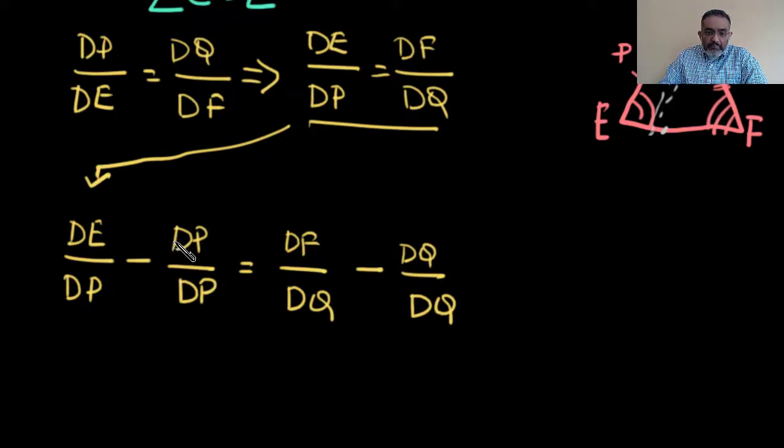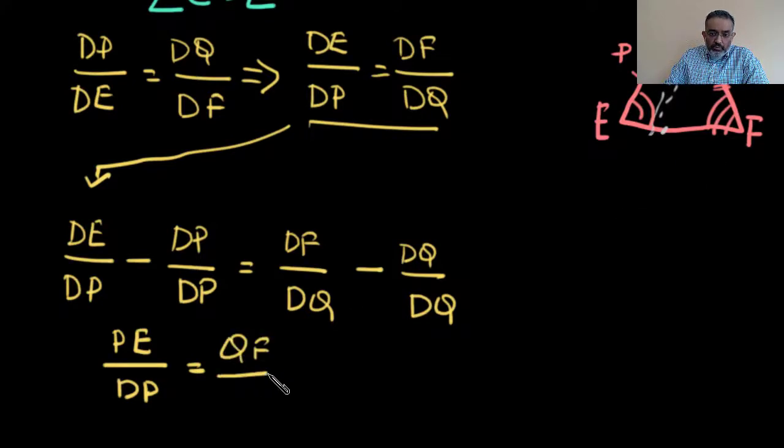Now DE minus DP, what is that? DE minus DP is PE, right? So what we're going to get is PE by DP is equal to the same DP, and over here you get this entire length minus this much portion, or DF minus DQ, you get QF. So QF by DQ.